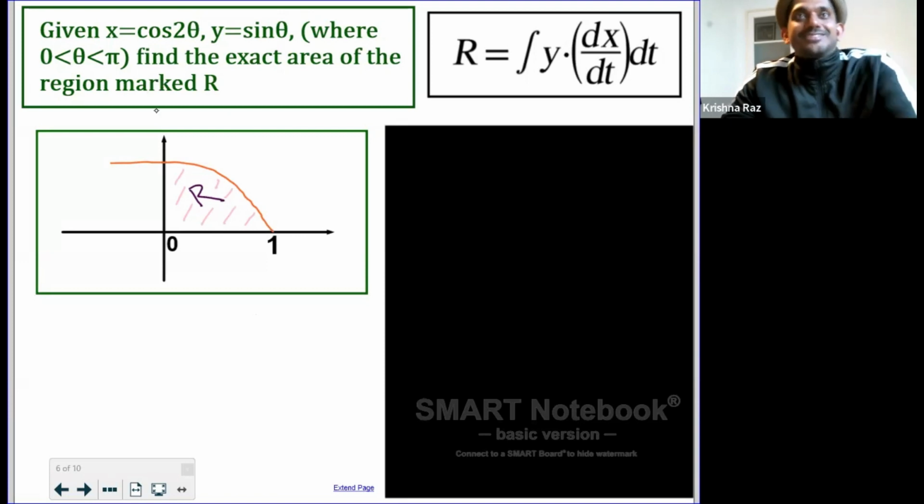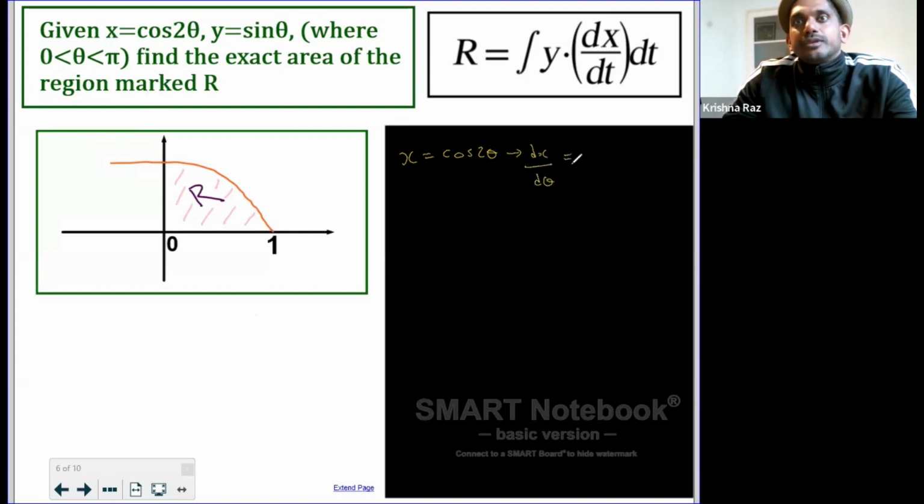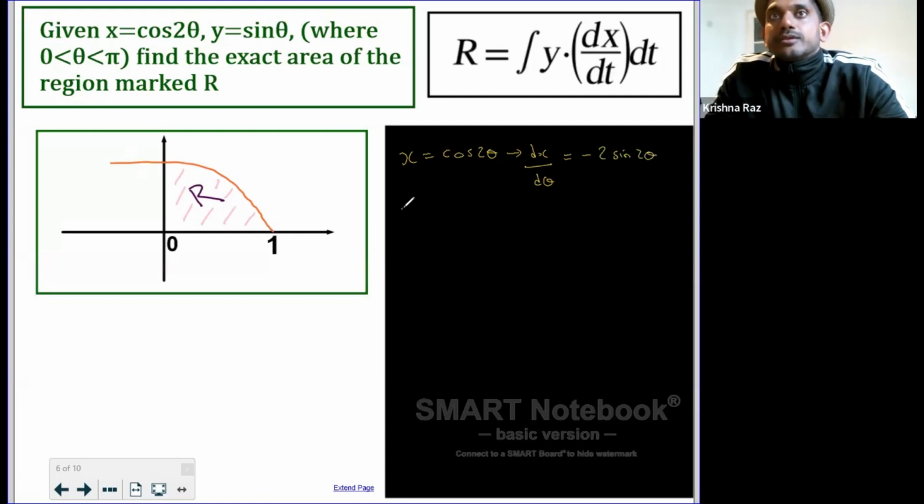Welcome back. So we have x is cos 2 theta. So dx by d theta equals -2 sine 2 theta. And y is equal to sine theta.